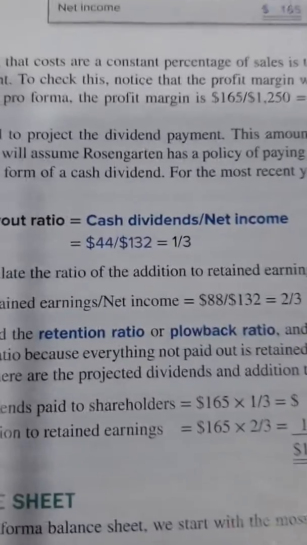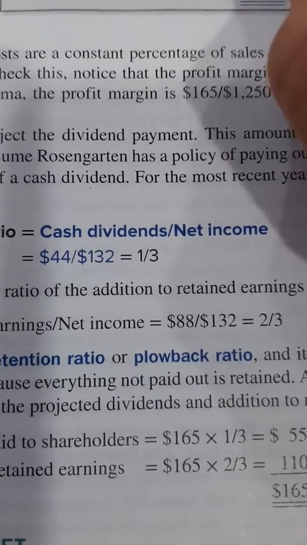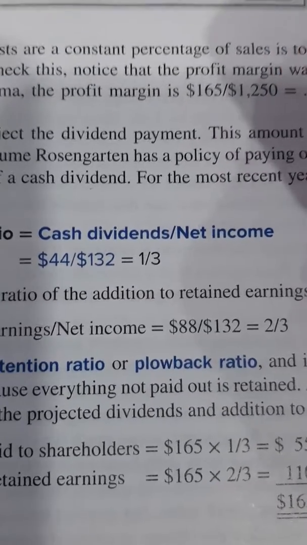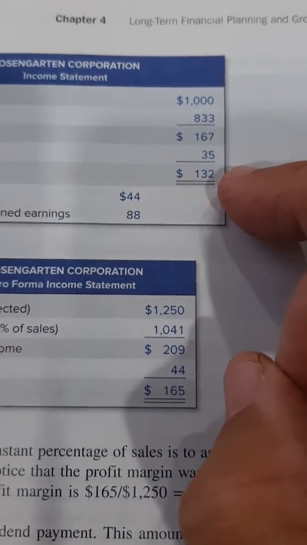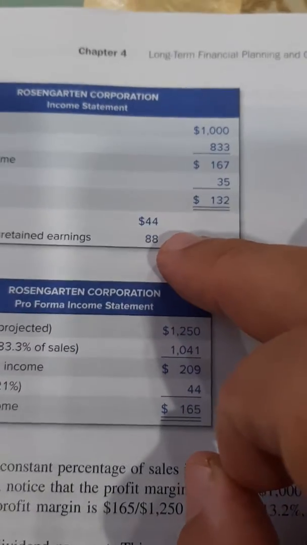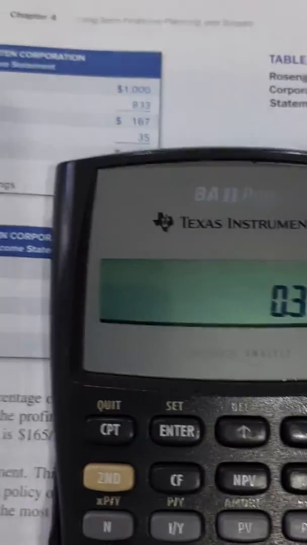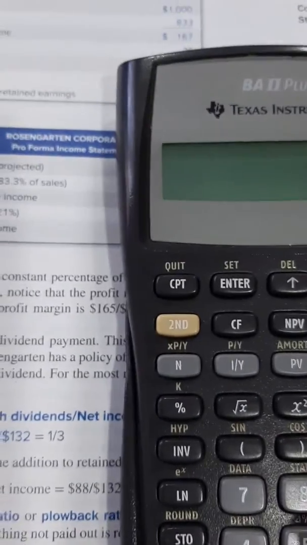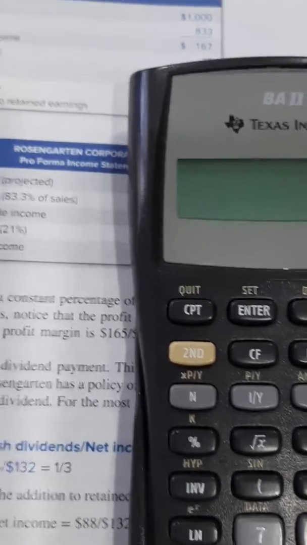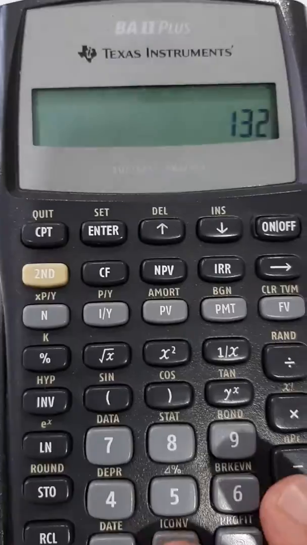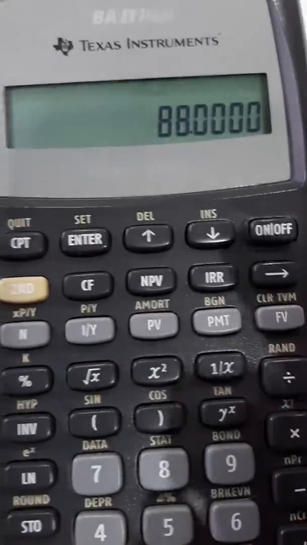So if the company pays $44 out of 132 profit, it means that the rest would be retained. 132 minus 44 is equal to 88.